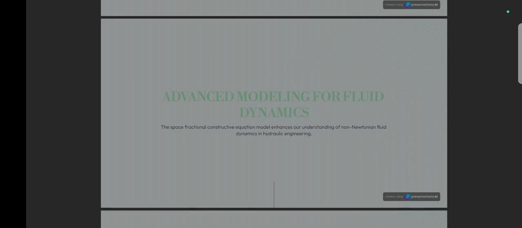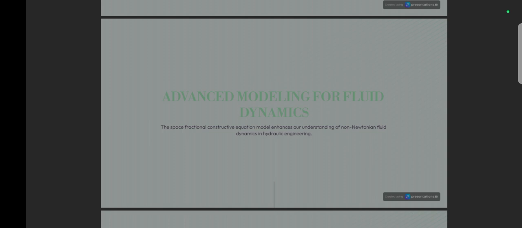Fluid dynamics has evolved with the development of advanced mathematical models and computational tools to capture complex behaviors observed in real-world fluid systems. Here are some advanced modeling techniques and concepts used in modern fluid dynamics.